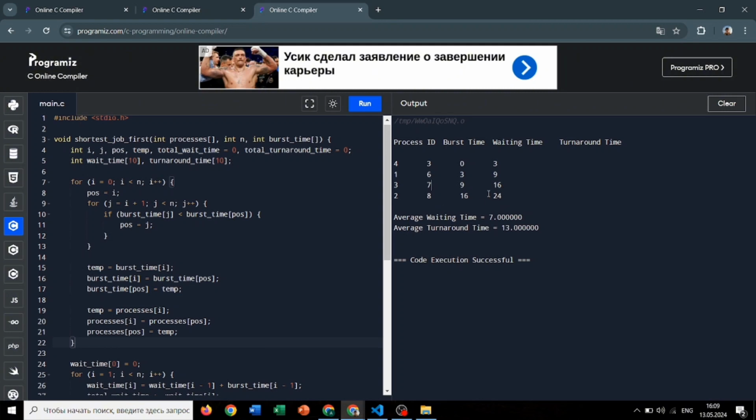The average waiting time is just the sum of all these waiting time values divided by how many process IDs there are. And turnaround time works the same. It is the sum of turnaround time values divided by 4 because there are 4 processes. I hope you understand it. Thank you. Goodbye.